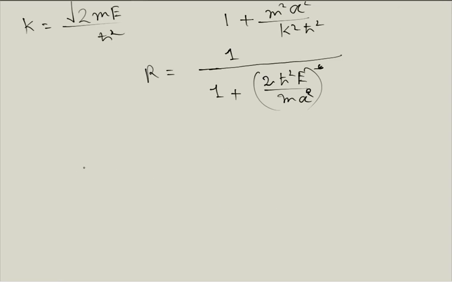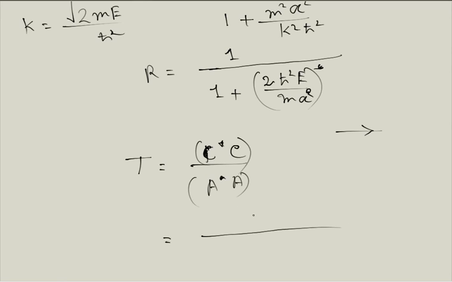Again we can derive the transmission coefficient. The probability of an incident wave being transmitted is the intensity, or the probability density, of the transmitted wave relative to the incident wave, and we can derive it following the same standard procedure.